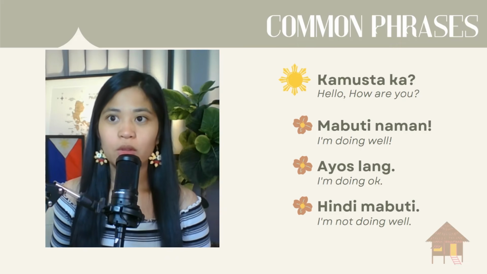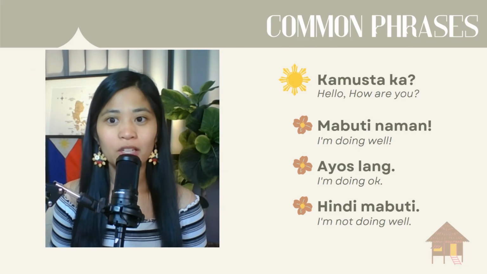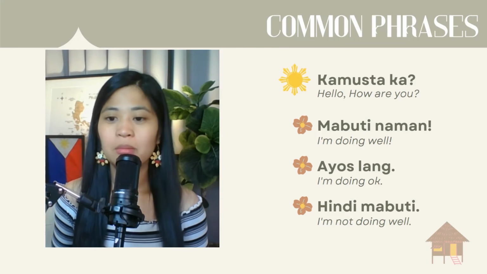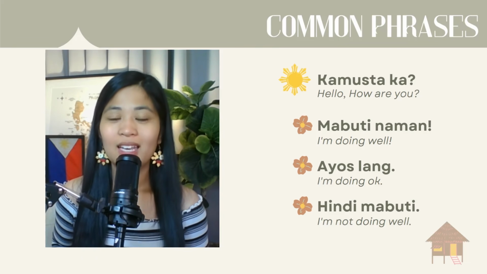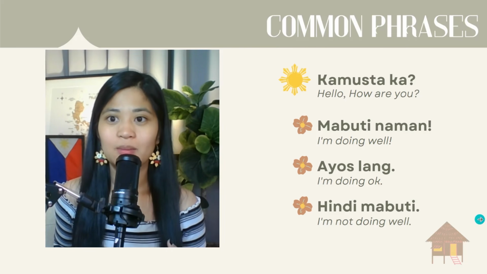So just to review the common phrases we just learned, kamusta ka? Hello, how are you? Mabuti naman, I'm doing well. Ayos lang, I'm doing okay. Hindi mabuti, I'm not doing well. Now, if we want to be respectful, let's see where po would go in these phrases.